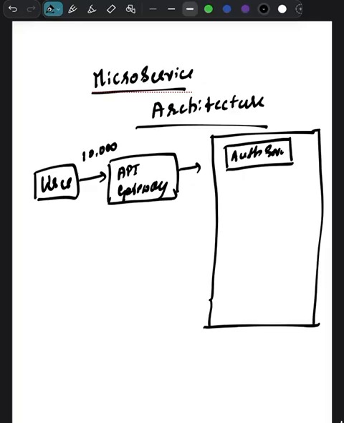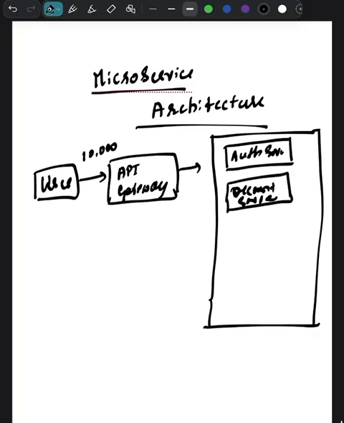Now, the auth service's job is done. The next service is the account service. What does the account service do? It checks the available balance, whether the user has sufficient balance in the account.